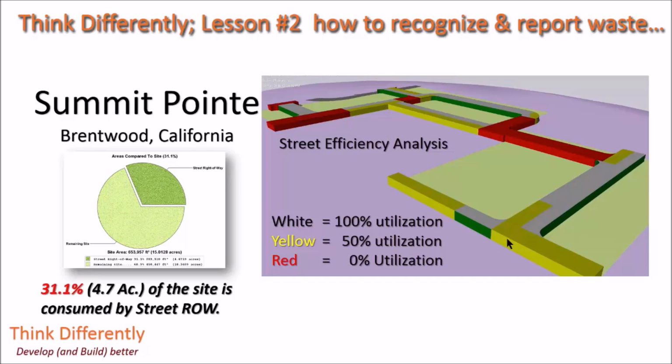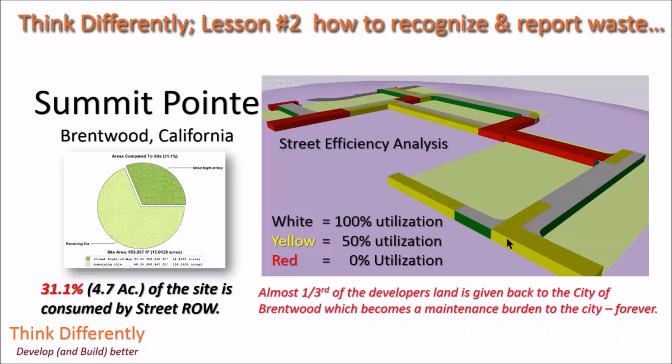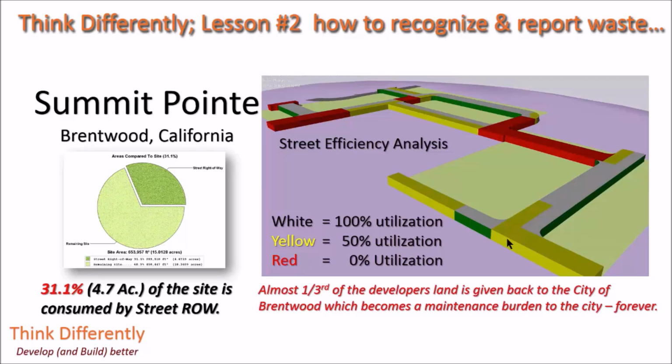In other words, the developer who bought that land in Brentwood, California at incredibly high prices, because that's where very wealthy people live, just gave 31% of his land back to the city. That's an expensive thing to do. He doesn't realize this, by the way, because if he did, things would change. So that's given back to the city.